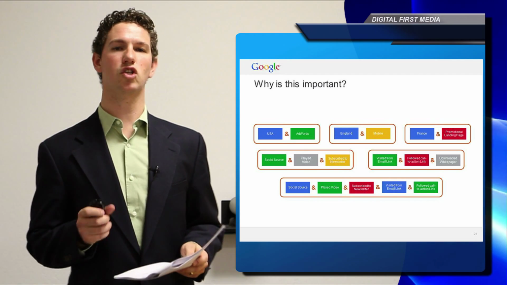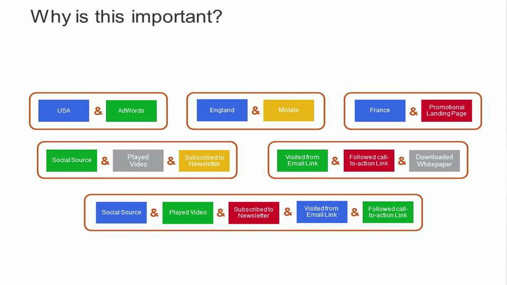So why is this so important? Google Analytics allows you to mix and match dimensions freely. It gives you an incredible amount of flexibility in what information you can look at and gather. For example, let's say you're running a promotion in France.